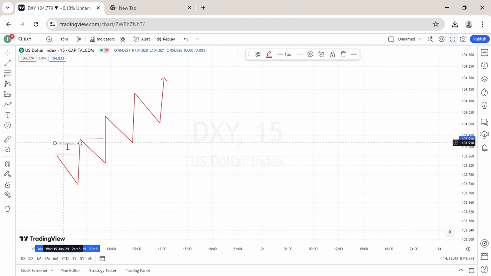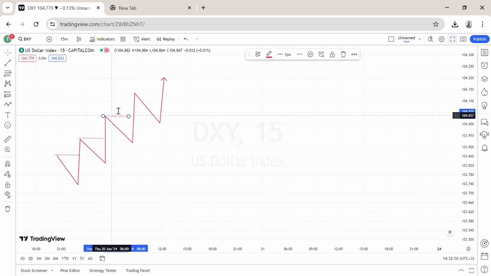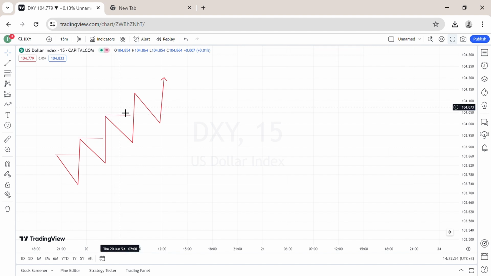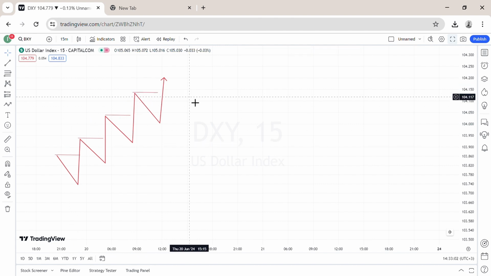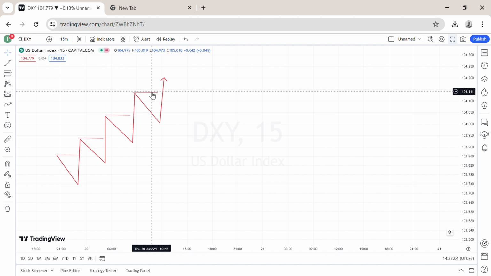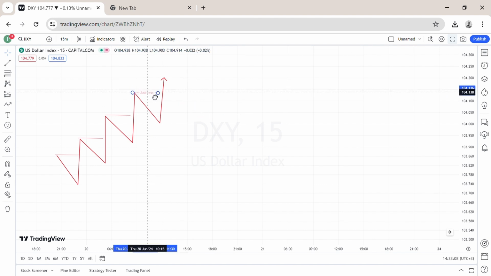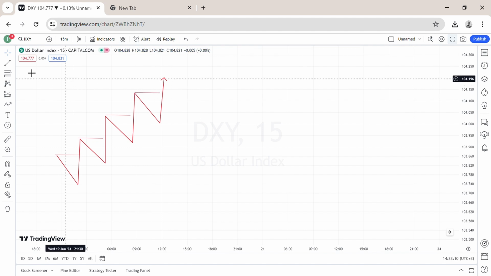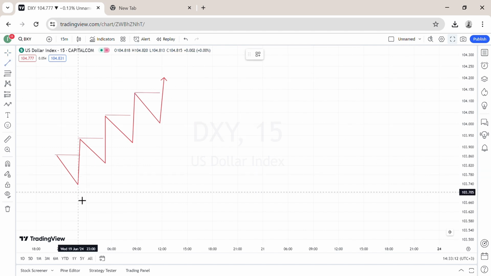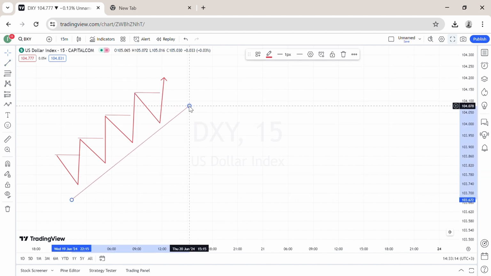So this shows you that this market has a clear potential of upward movement. The moment it keeps breaking structures to the upside, that is a clear indication of a bullish momentum.